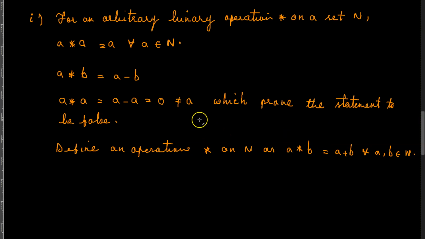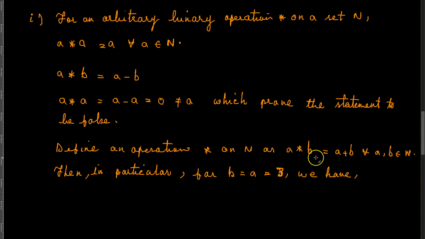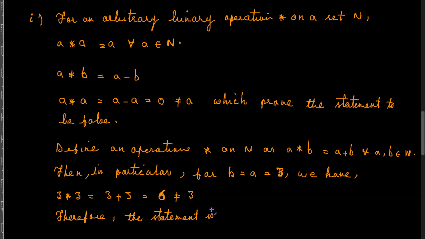Then in particular for B equal to A equal to 3, we have 3 star 3 is equal to 3 plus 3, which is 6, which is not equal to 3. Therefore statement 1 is false.